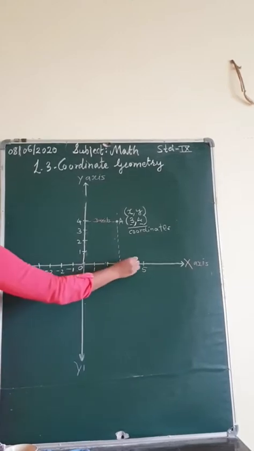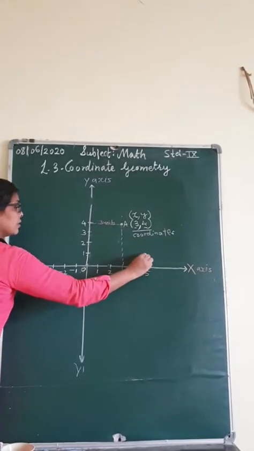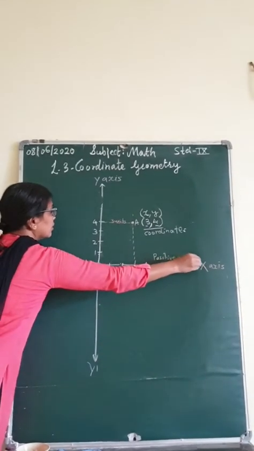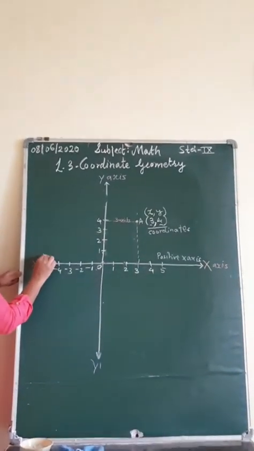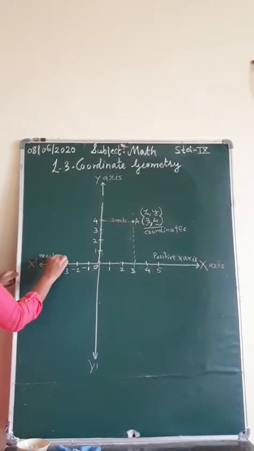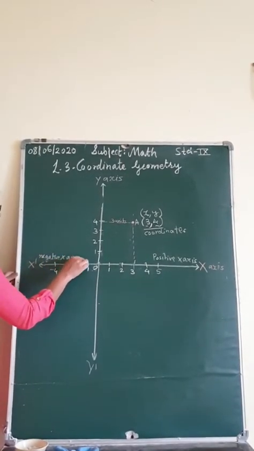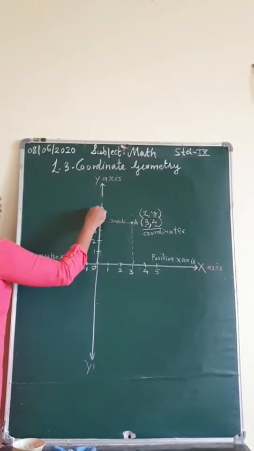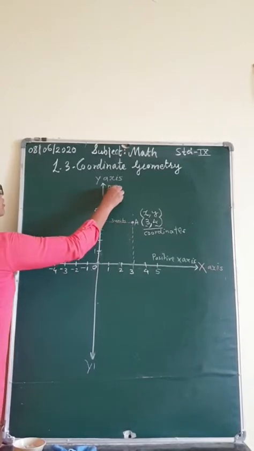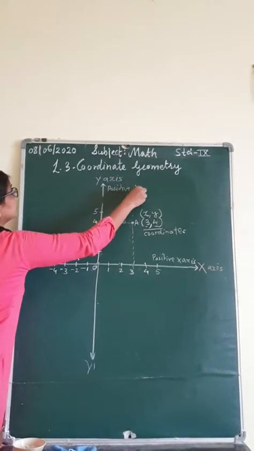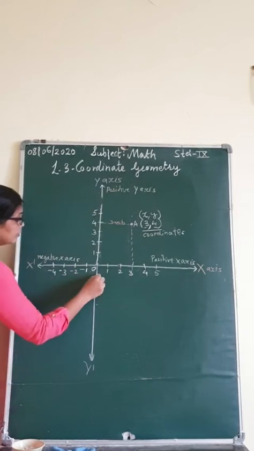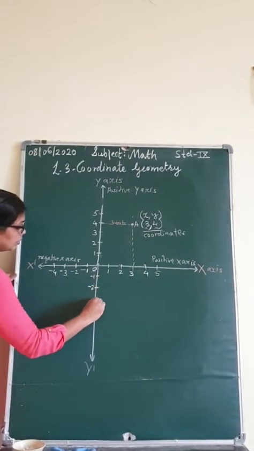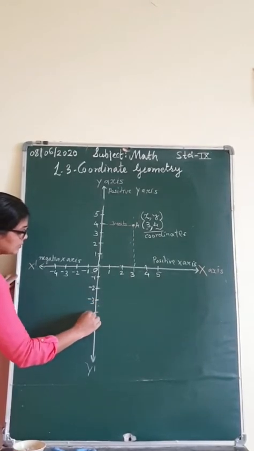So here we can say this side is the positive x-axis and here it is the negative x-axis. Similarly, above 0 is the positive y-axis and below 0 is the negative y-axis.